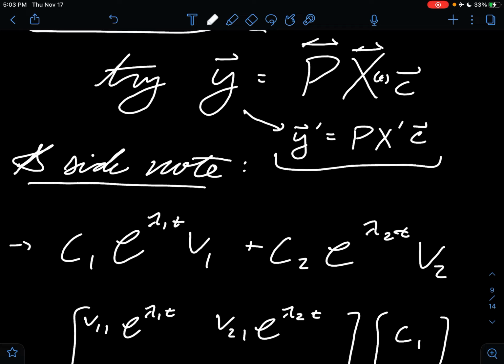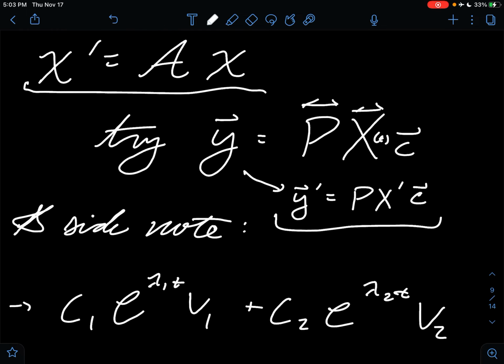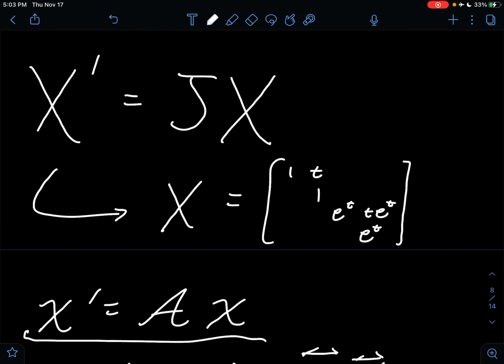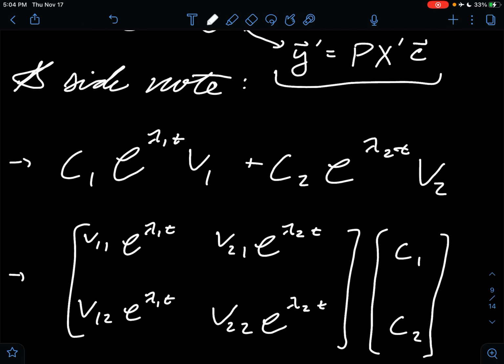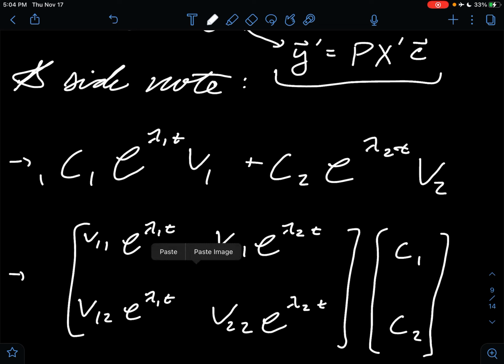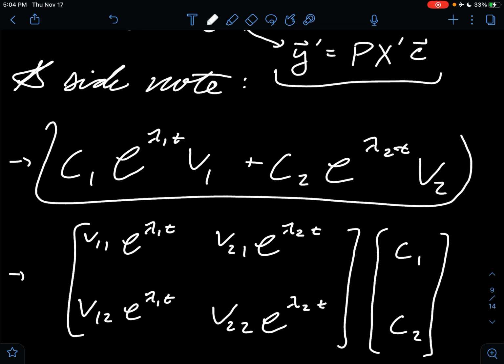A little side note about writing solutions like this, versus a little x that's a vector. If I have a linear combination that looks like this, c1 times e to the lambda 1 t times v1, this is a vector.